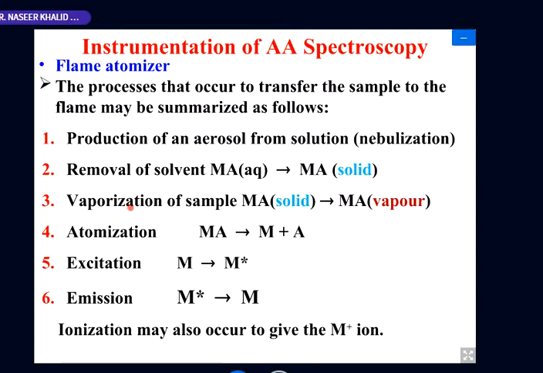Now this solid again within the flame, this solid is converting into vapor form, gaseous form. The next stage is that this solid form will be oxidized or reduced within the flame, and this is converting into M and A. So two types of material will be generated, the metal and the anion, for example.